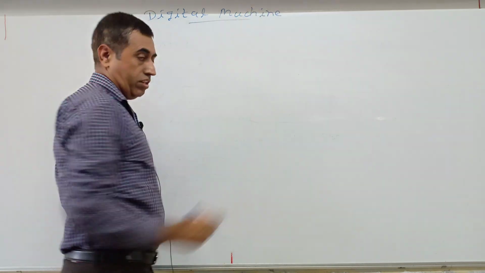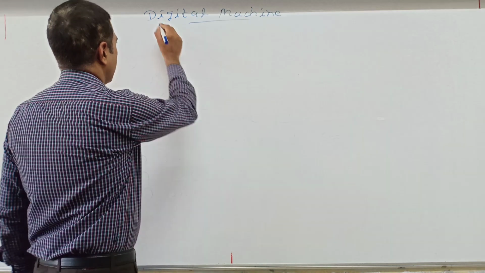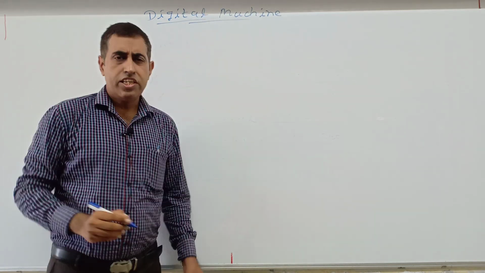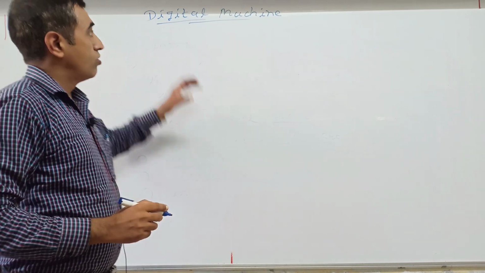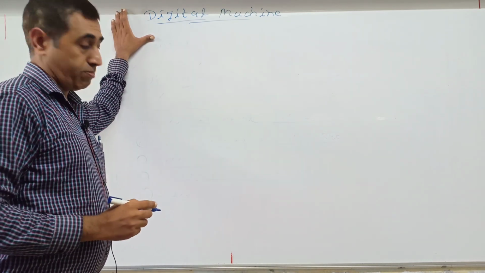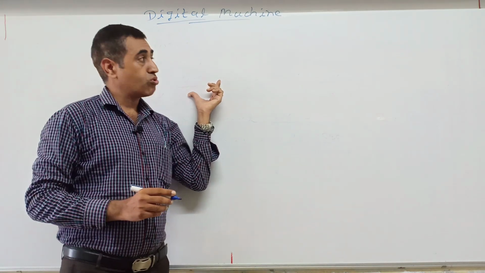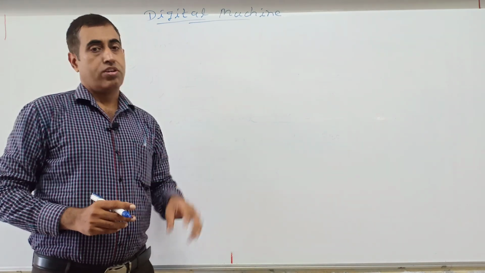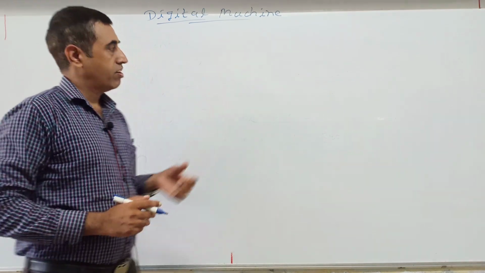Digital, digits. It means numbers. Computer is known as digital machine. It means whatever information we store in computer that gets stored in the form of digits, means numbers.